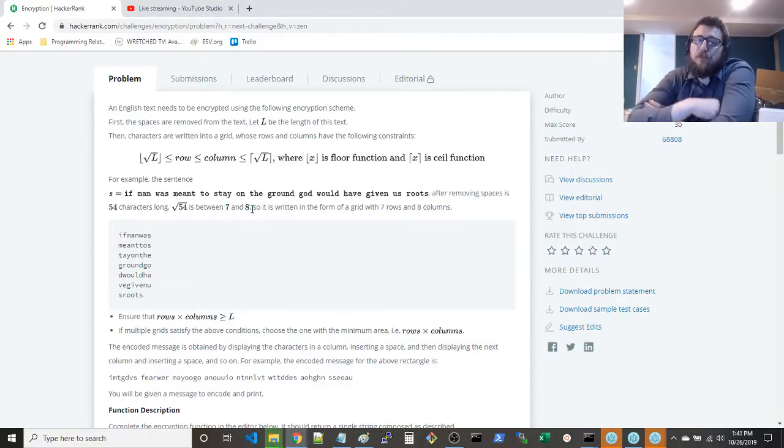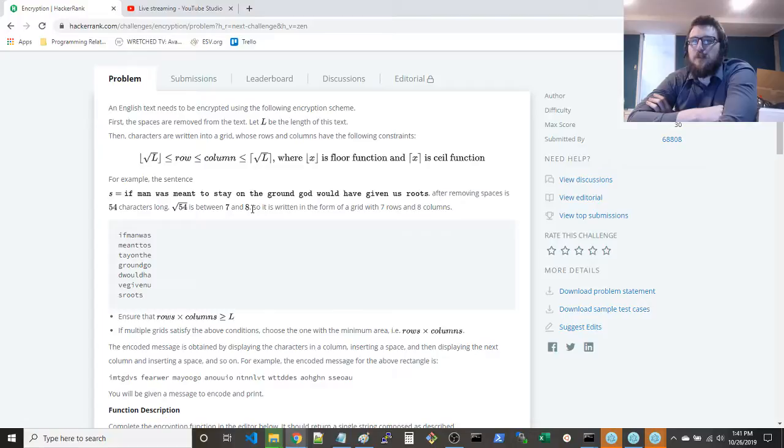In fact, it's got to be a choice of the floor of the square root of L squared, which is n by n, or it's going to be the minimum of the floor of the square root of L squared as one option, then the floor of square root of L times the floor of square root of L plus 1, quantity, right?